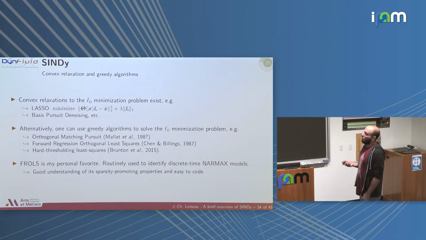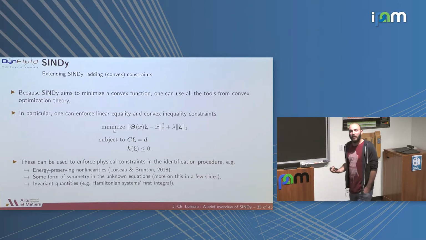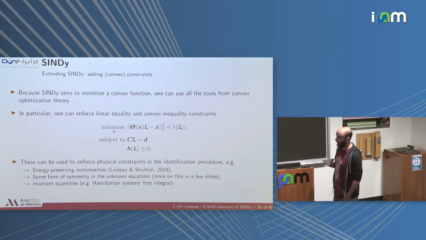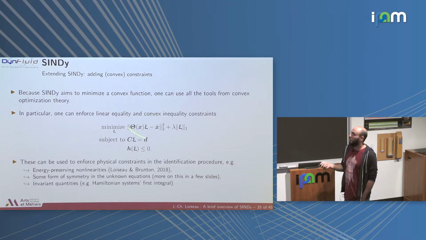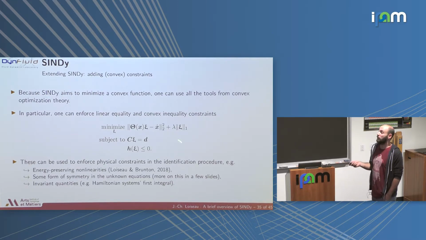All right. So as Steve mentioned, SINDy is an extremely versatile framework. We can add constraints, at least convex constraints. Not everything is convex, but because we try to minimize a convex function, there are a number of physical constraints that you can express as linear equalities or convex inequalities.